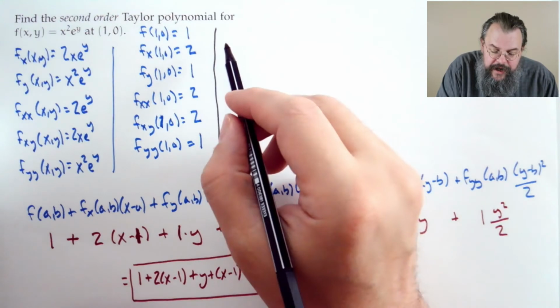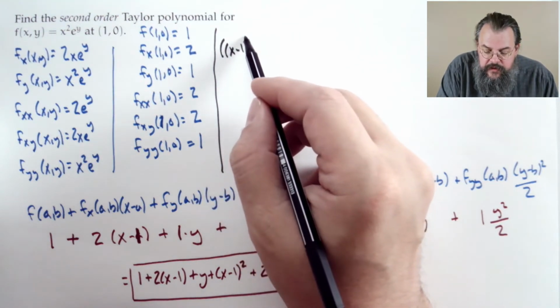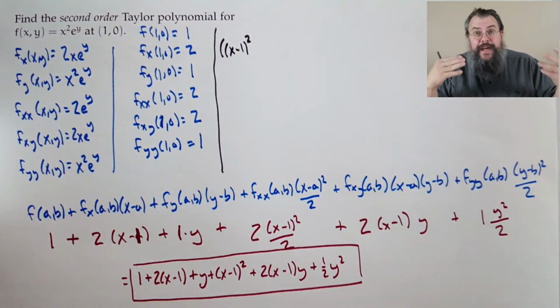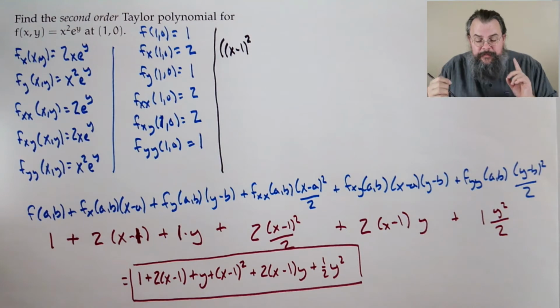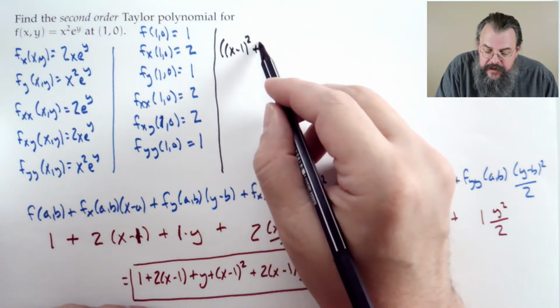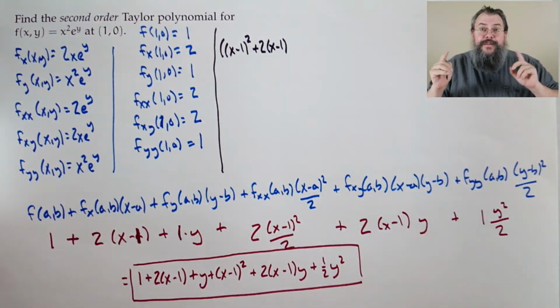So x squared, what's another way to write x squared? Well, you can write it as (x minus 1) squared. That would definitely give you your x squared term. But now you have a minus 2x. Oops, let me fix that. So to fix that minus 2x, I'm going to add 2 times (x minus 1). See, then now your x terms cancel.